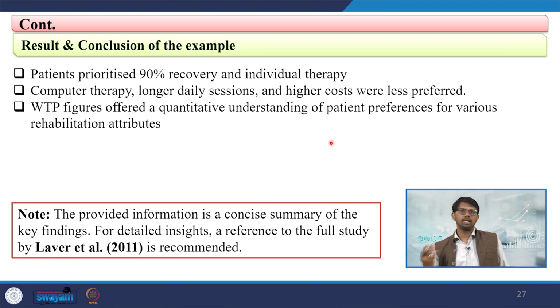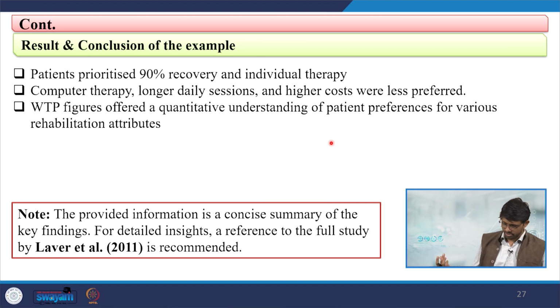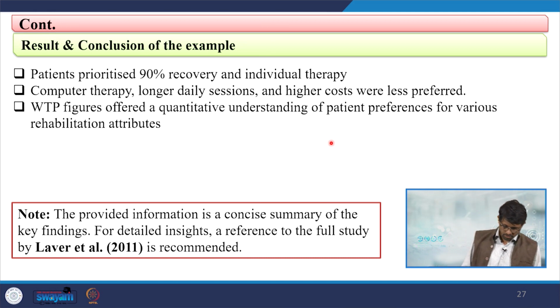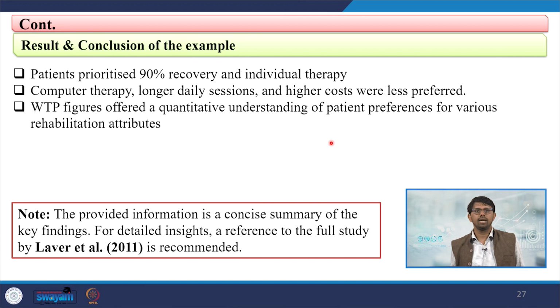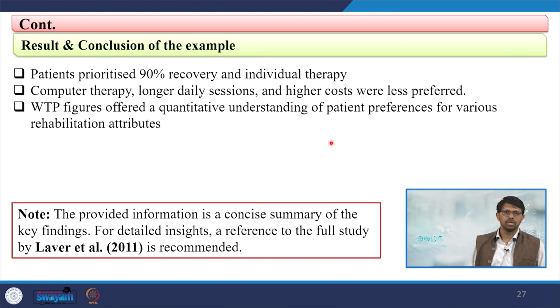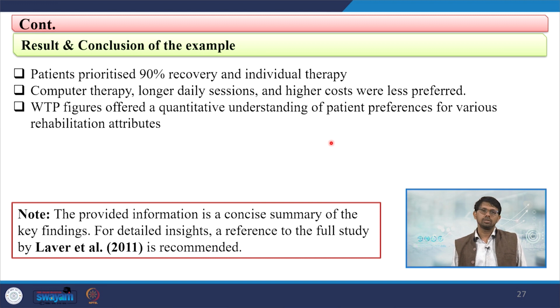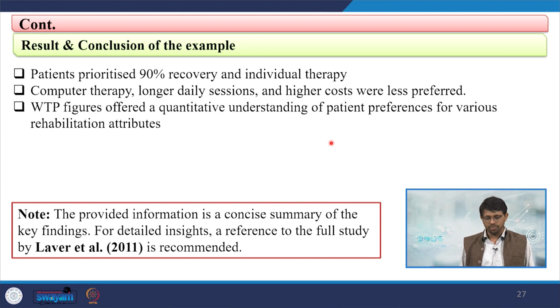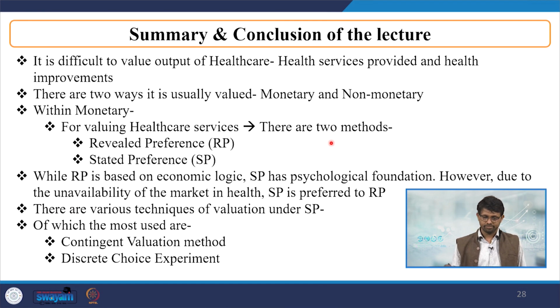Willingness to pay related figures offered a quantitative understanding of the patients' preference for various rehabilitation attributes. The provided information is a concise summary of the key findings. For further details, you can read the full study by Labor et al., which I already mentioned in our reference. That paper was from 2011, strongly recommended for better applications.